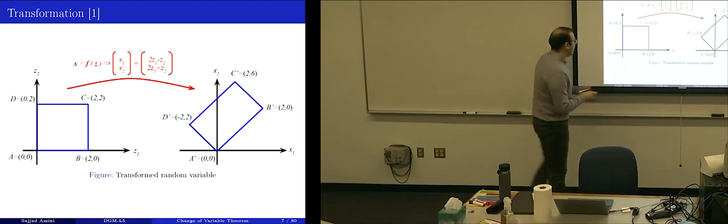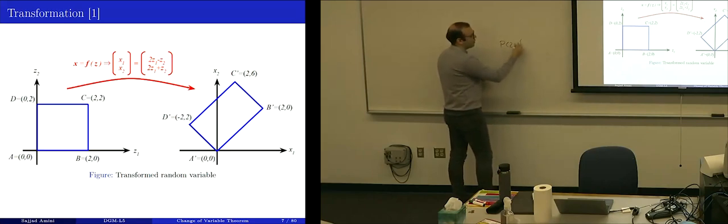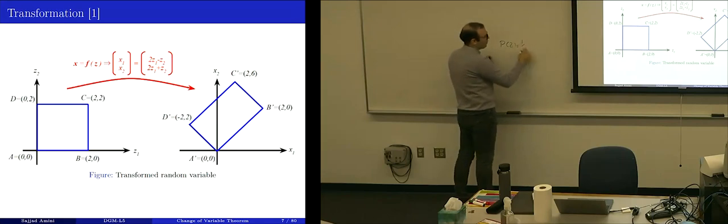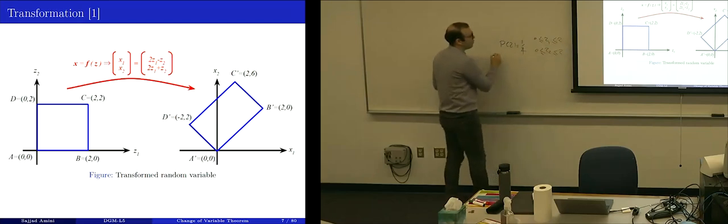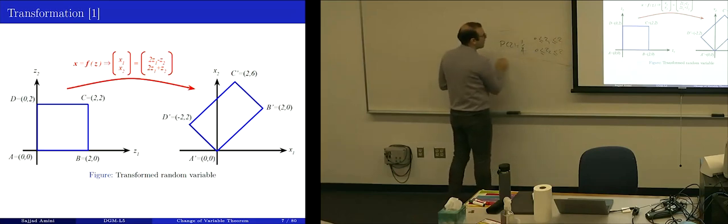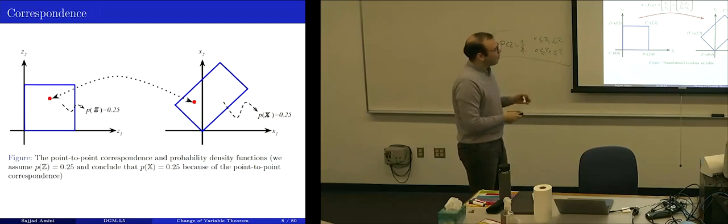So the PDF p of z equals 1/4 for z1 and z2 between 0 and 2. This is the PDF over the base distribution.